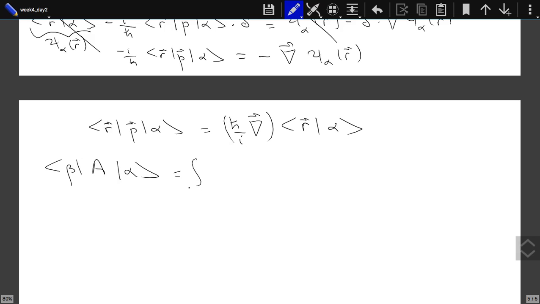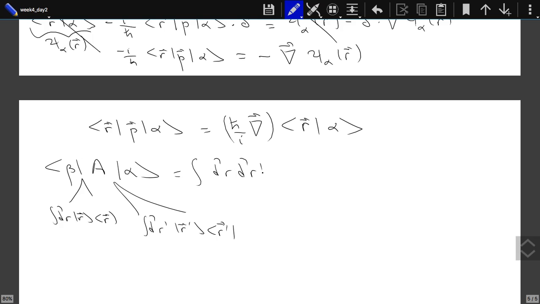Well, I will insert two identities, one over here, d cubed r, and another one over here, d cubed r prime, with the kets r and r prime, so we have the bra beta, r, the operator A, r prime, alpha.